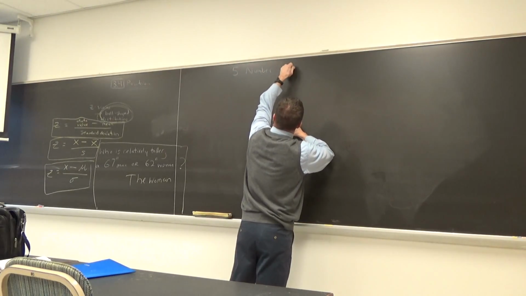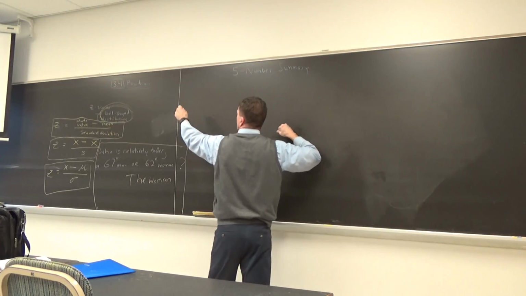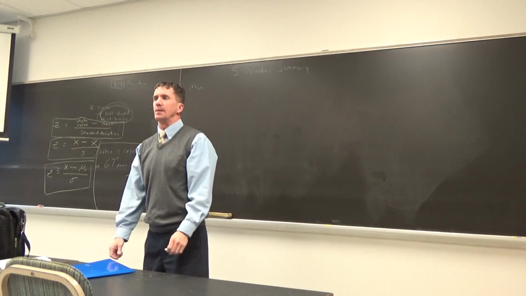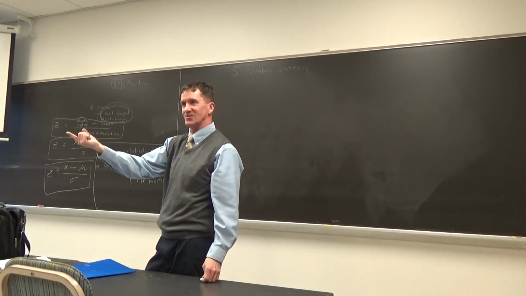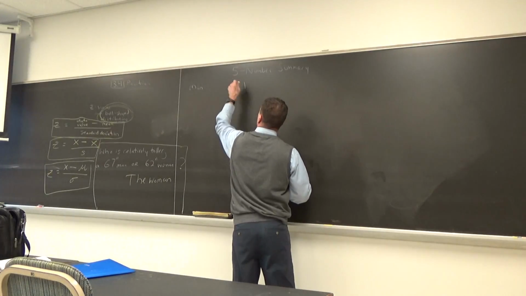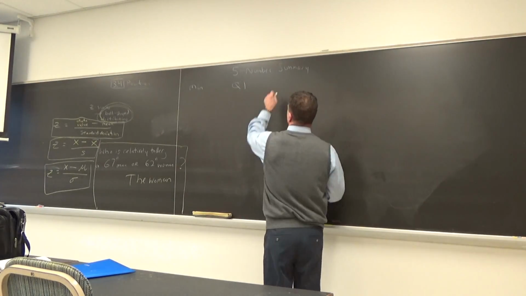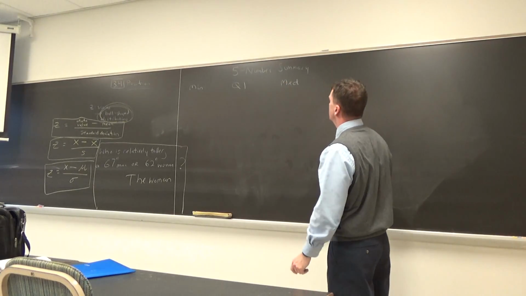There are 5 key statistics. What are they? The min, or the minimum. I'm abbreviating the minimum. For everyone in a distribution, that's going to be the lowest, right? All right, now put Q1. I'll talk about that in a second. The median, I'll just put MED for median.